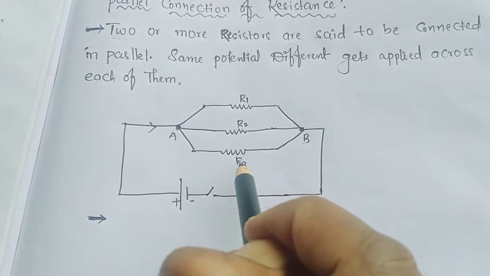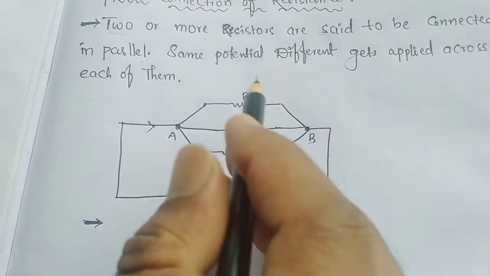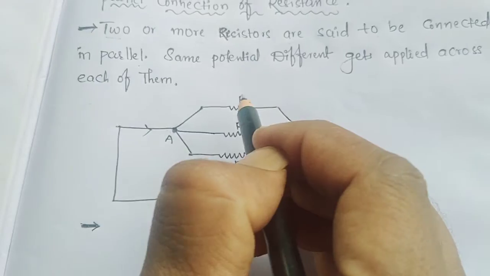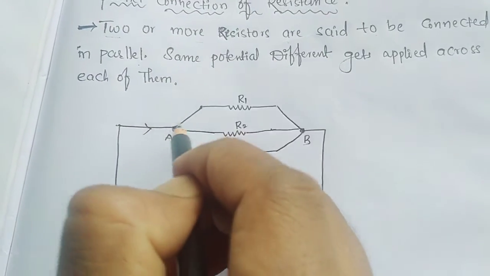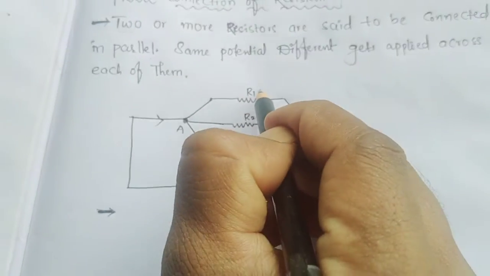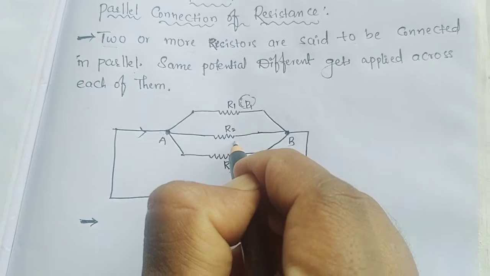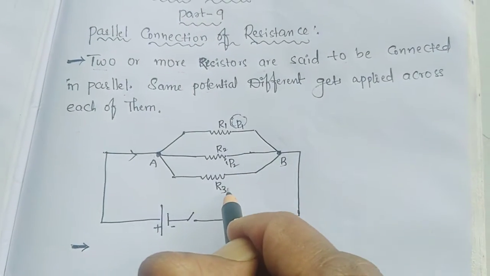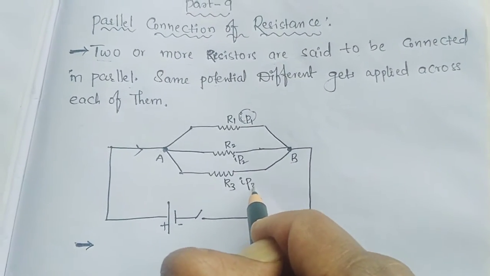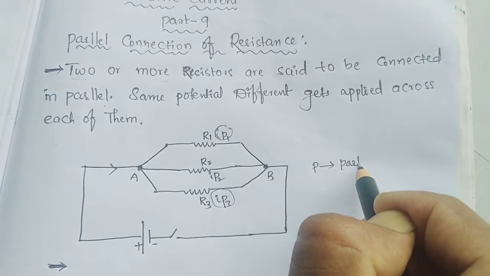So R1, R2, R3 resistors. The current flowing through these three resistors is individual, but the potential difference is the same. So here the electric current is IP1, here IP2, here IP3. So why are we writing P? P is nothing but parallel connection.